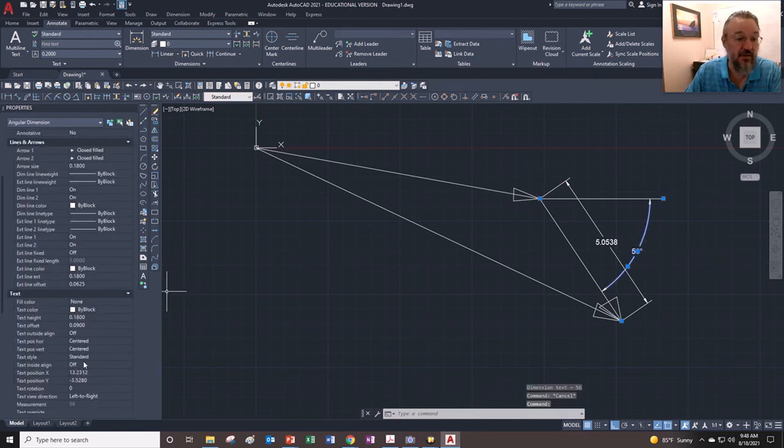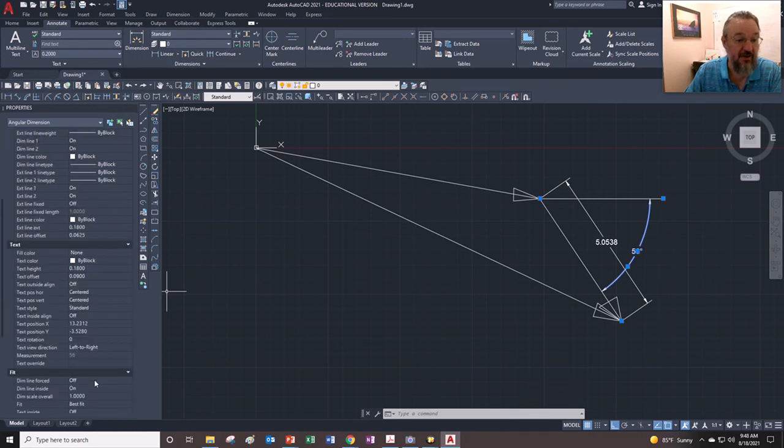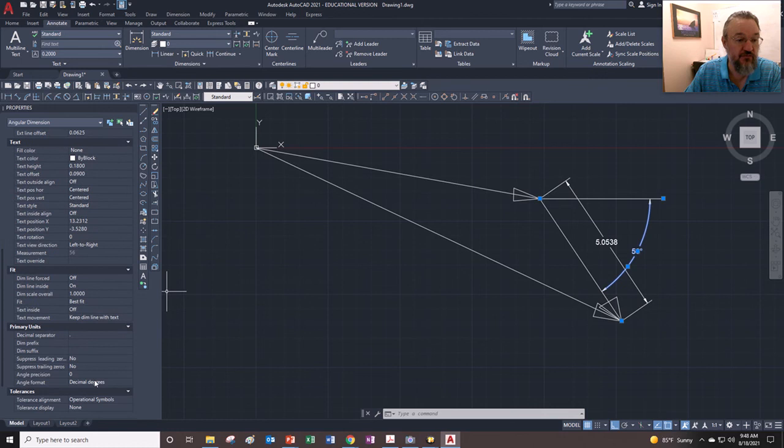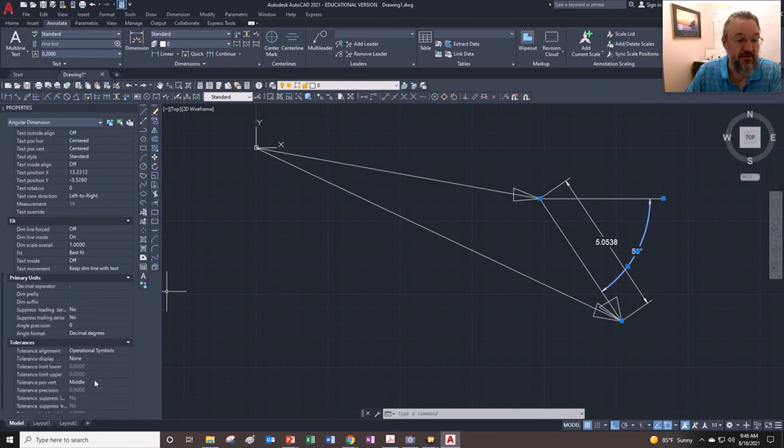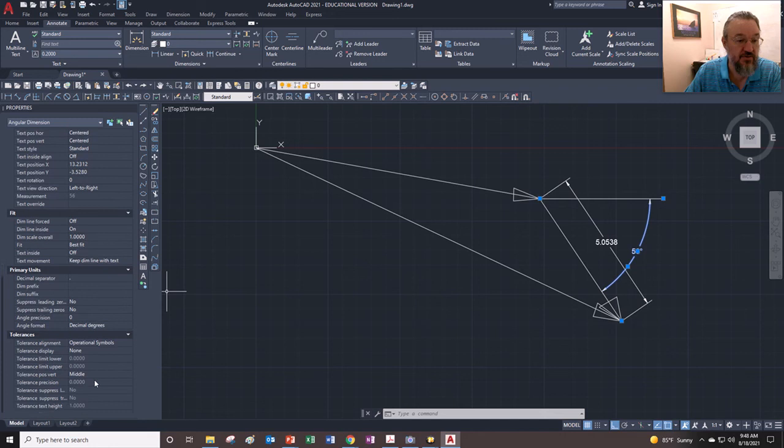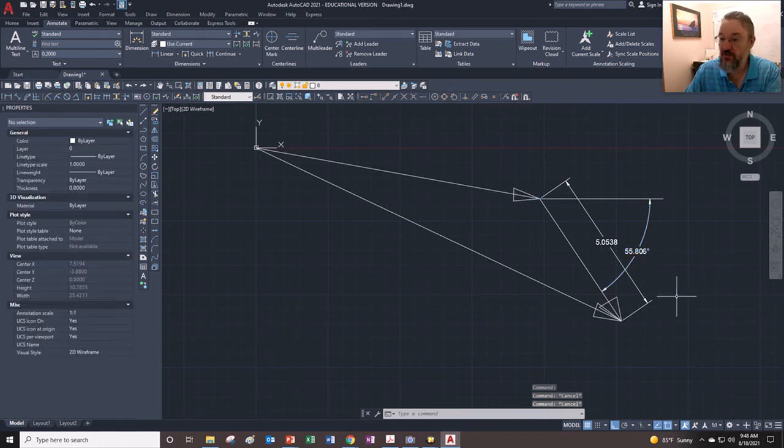For whatever reason, AutoCAD changes its angles, primary units, tolerances. There you go, precision. Boom, 55.806. Yay, you got the same thing.